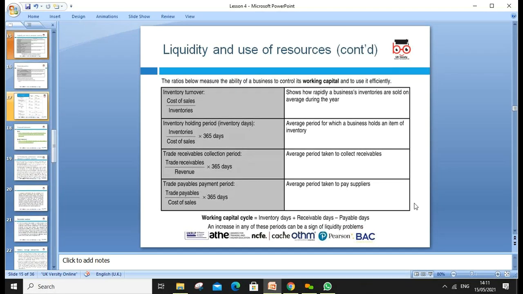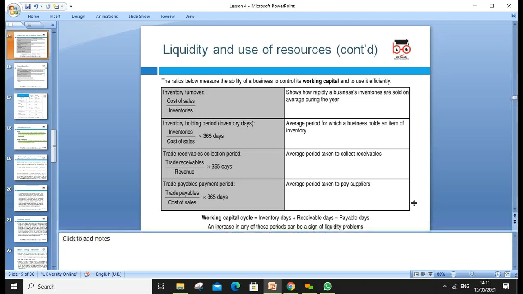Then we also use the ratios about the use of resources and our working capital. Working capital means the running capital: inventory turnover days plus trade receivable days minus trade payable days. It's always good to have shorter receivable days.